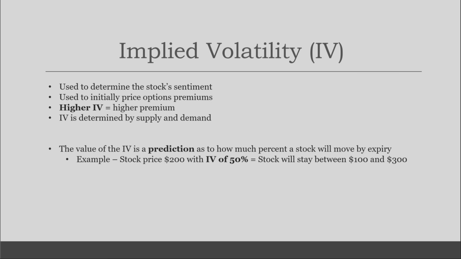The value of the IV is simply a prediction as to how much percent a stock will move by the option's expiry. For example, if the stock price is $200 and the current IV is 50%, the IV is implying that the stock will stay between $100 and $300, being 50% of the $200.